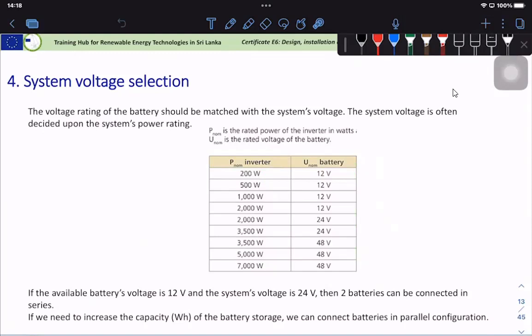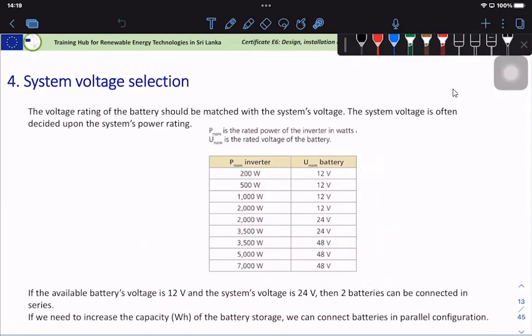Okay, so for up to 2 kilowatt systems, we can use 12-volt battery, and up to 3.5 kilowatt inverters, we can use 24-volt battery. Okay, higher than that, we can go for 48-volt batteries. And so from this total power, we can decide on the voltage of the battery that should be used.